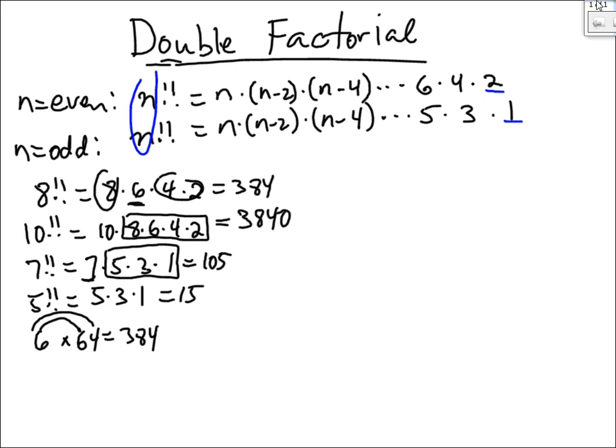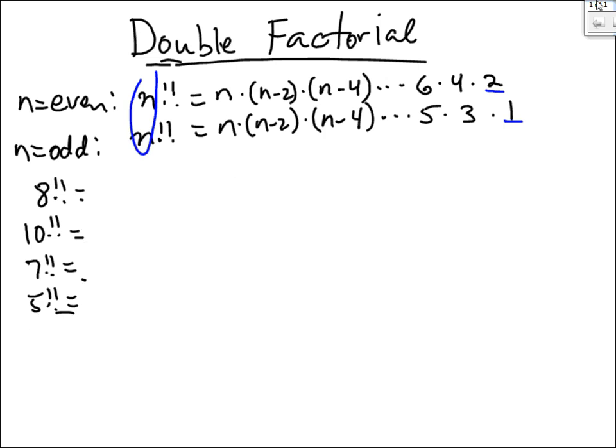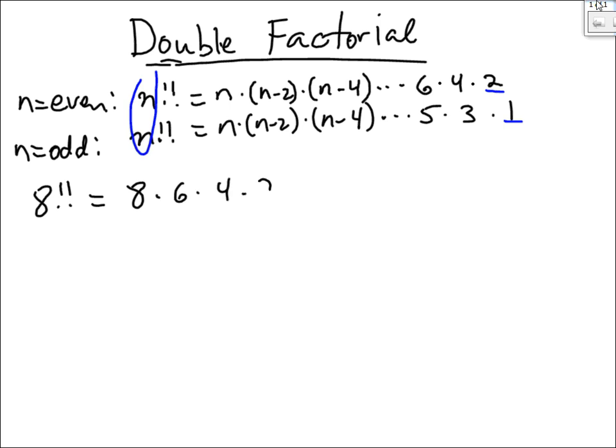Okay. So now, let's look at how we might write these with single factorials. Let's look at 8 double factorial. It's 8 times 6 times 4 times 2.